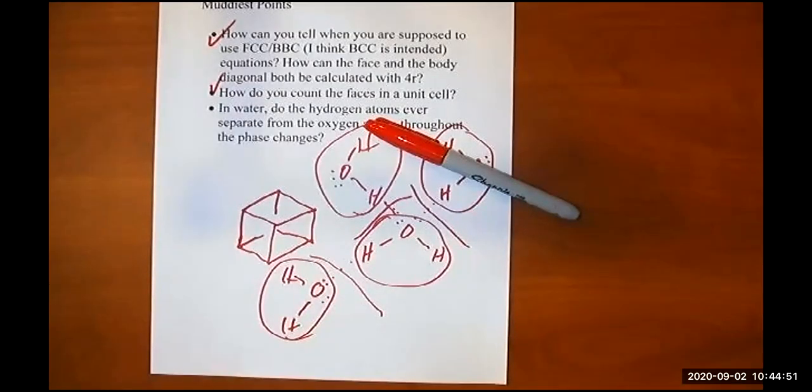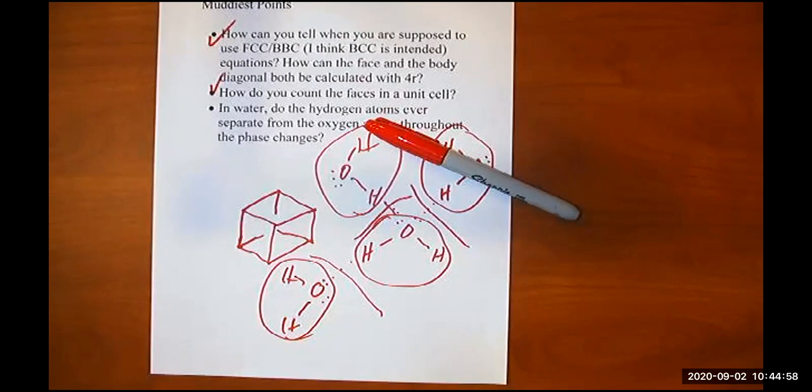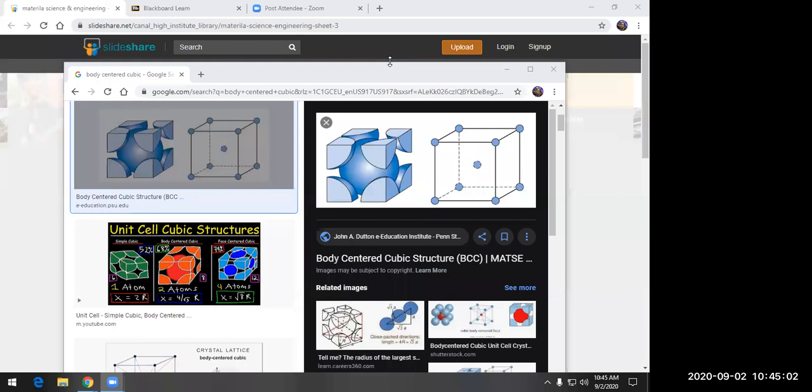Yes? Why is the simple cubic only 2R? Okay, excellent question. Let us take a look here.